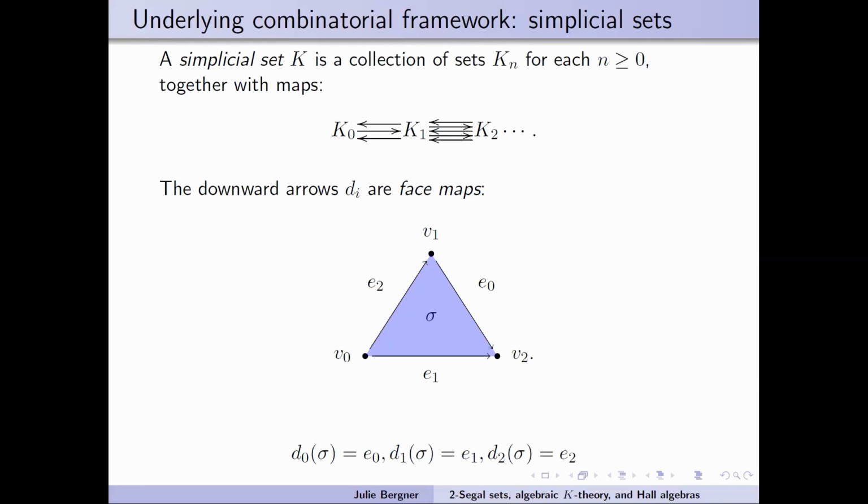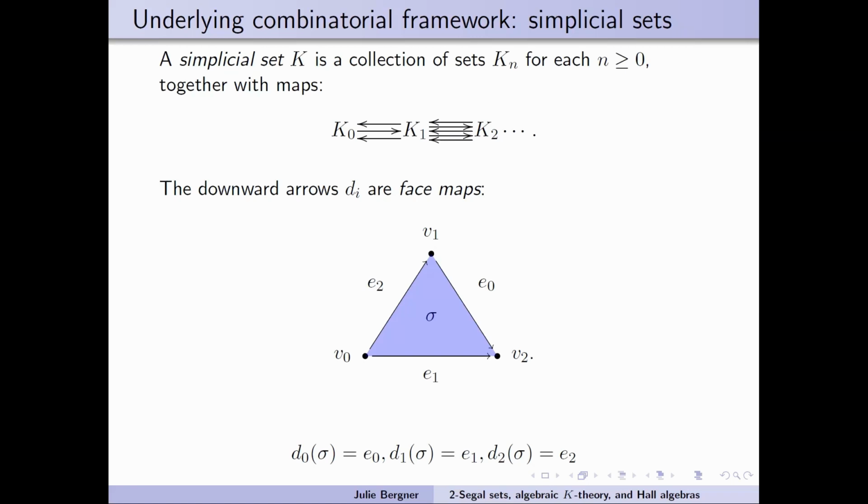And then from K2 to K1, there are three maps going down and two maps going up. The downward maps are what are called face maps. Again, if you're familiar with simplicial complexes, these hopefully match your intuition. But in simplicial sets, we have a directionality. These arrows are tiny, but they're arrows going from V0 to V1, V1 to V2, and V0 to V2.